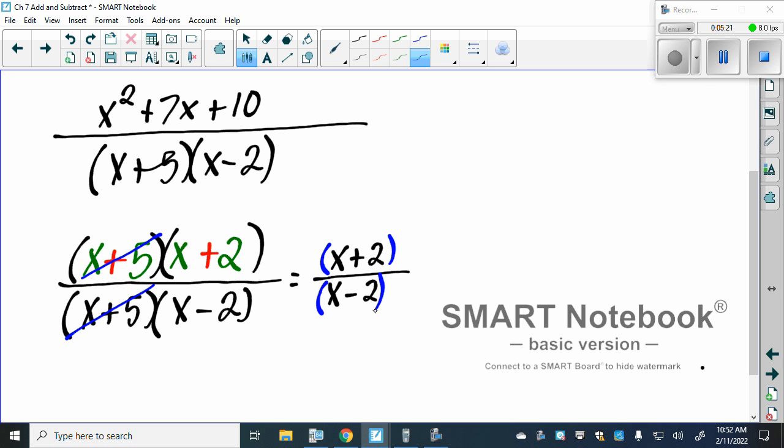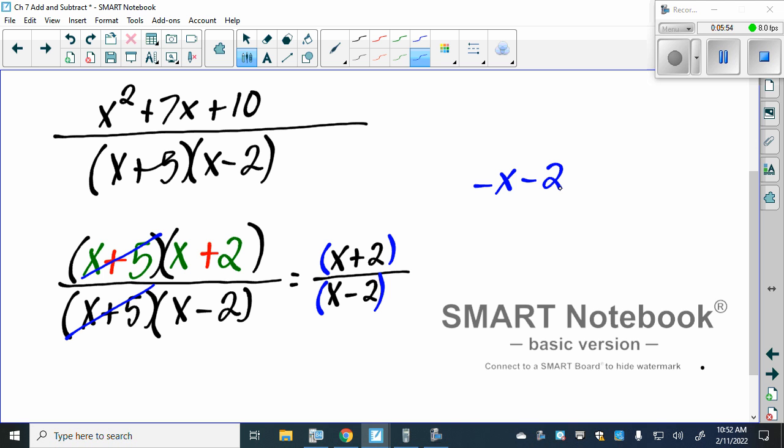Now, there were a few problems that we did the first time we came through this where we were able to pull out a negative and get them to be the same. But we would only want to do that if both terms were opposite signs. If we look at the x's, they're both positive. They have the same sign. And the 2's are opposite. So if I had pulled a negative out of the numerator, it would have given me negative x minus 2.